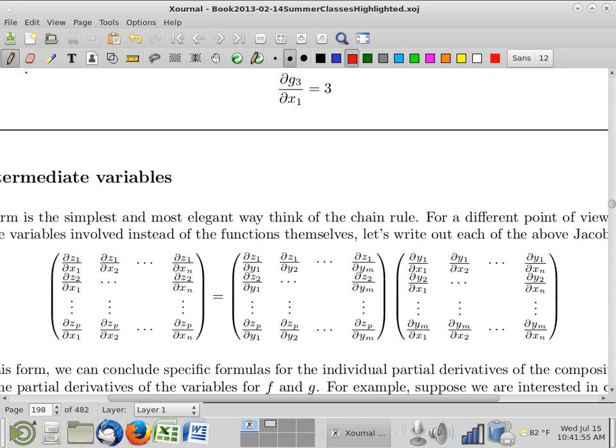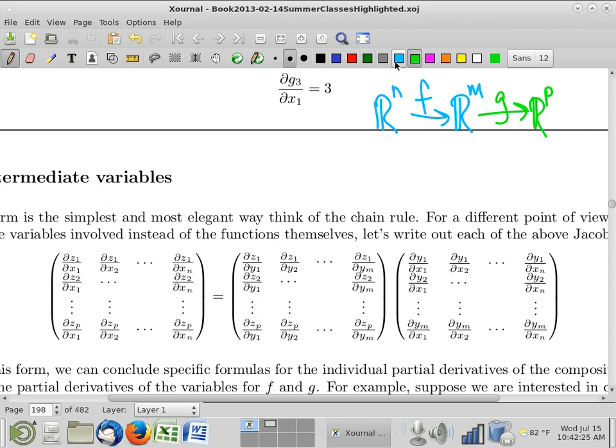So altogether, what we have is a composition of functions. Let me put this up here. I have from Rn to Rm the function f, and then from Rm to Rp the function g.